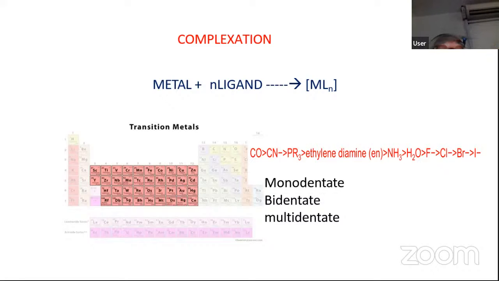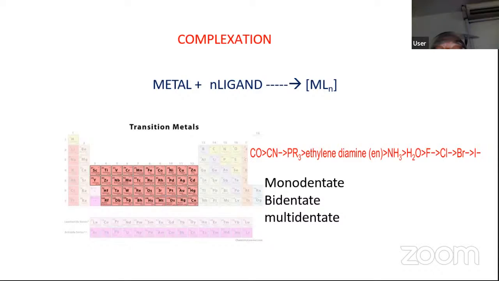So there is a nature of the metal, which are transition metals, and the nature of the ligands. So we have learned the ligands can be monodentate, meaning the ligand attached to the metal. The ligand can be bidentate, meaning the ligand attached by two bonds to the metal. And they can have more than two bonds, maybe 5, maybe 7.